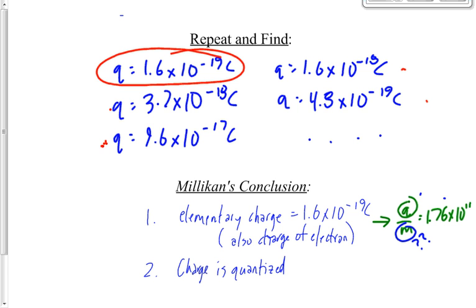We give Thomson credit for the discovery of the electron and measuring the charge to mass ratio. We give Millikan credit for measuring the charge of the electron. Who would we give credit for measuring the mass of the electron? Both of them. Because really you need both of them, right? You need the charge to mass ratio and you need the charge in order to get the mass of the electron. Does that make sense?